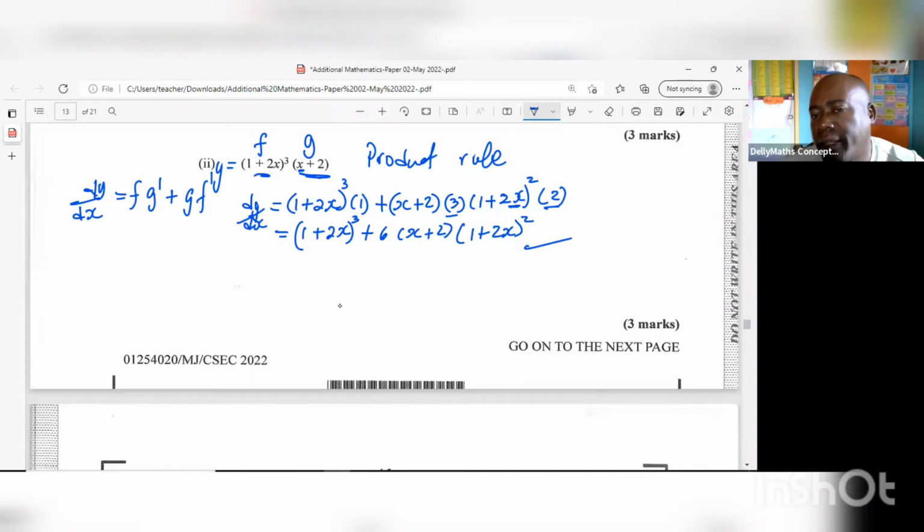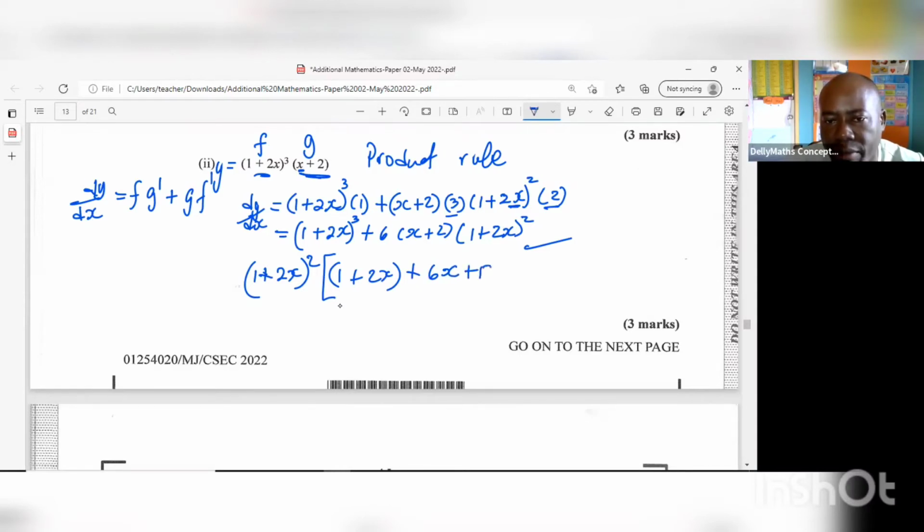I'm seeing where I could factorize out this though. I could factor out 1 plus 2x squared. If I factorize out that, I'll get 1 plus 2x here. And I'll get plus 6. I could distribute this. I could just say 6x plus 12 right there.